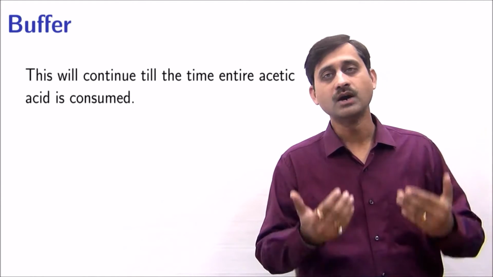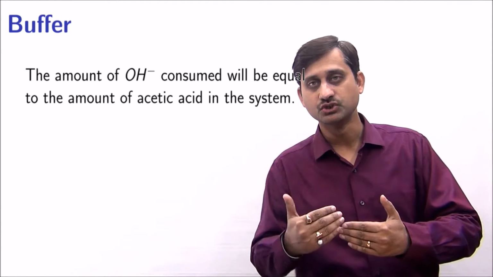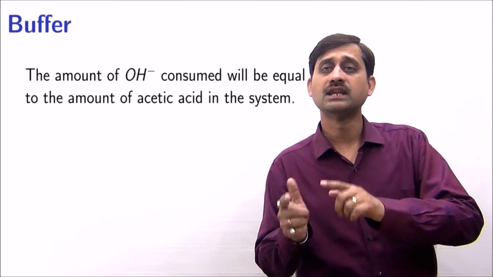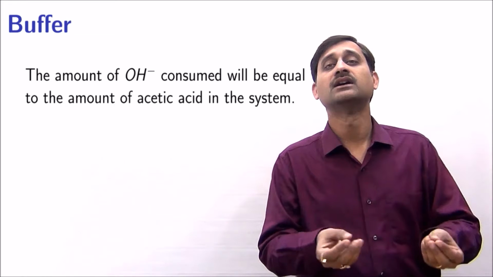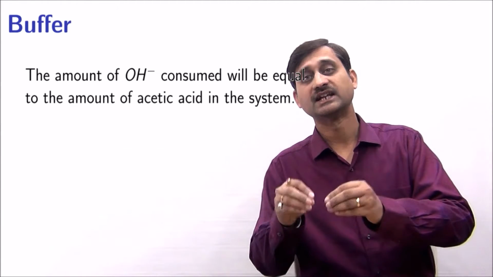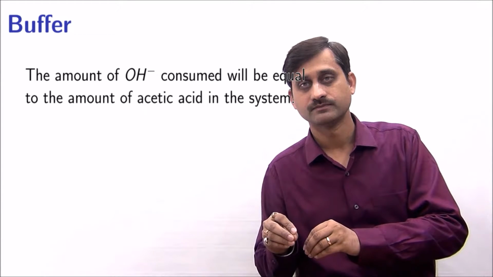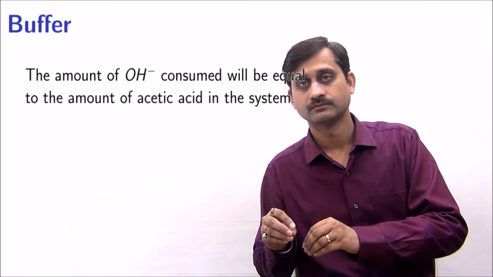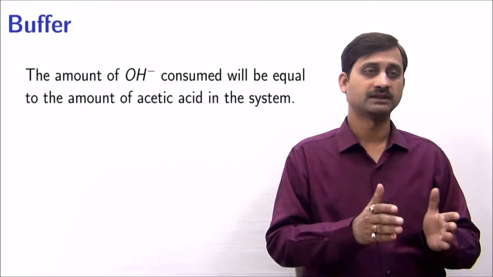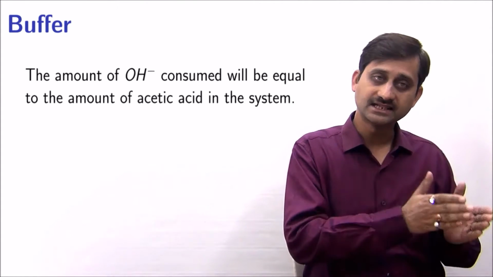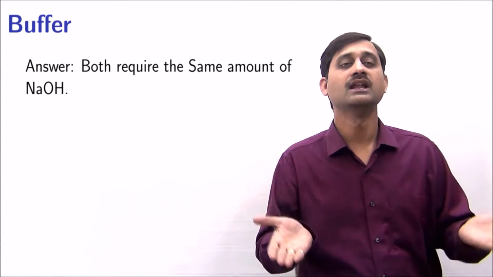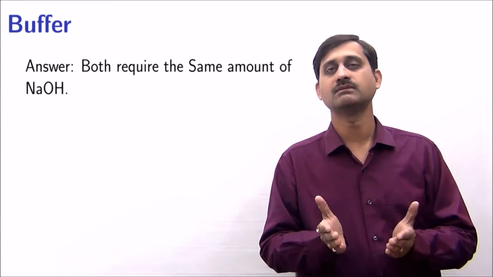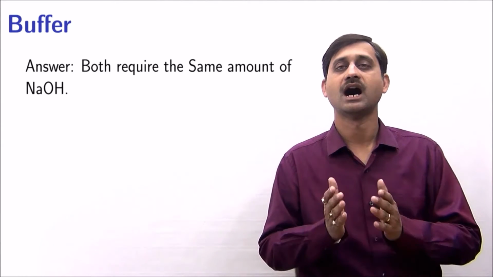Hence, the amount of OH- consumed will be equal to the amount of acetic acid that is in the system rather than the amount of H+ that we see as pH. This tells us that HCl and acetic acid both will consume the same amount of sodium hydroxide.